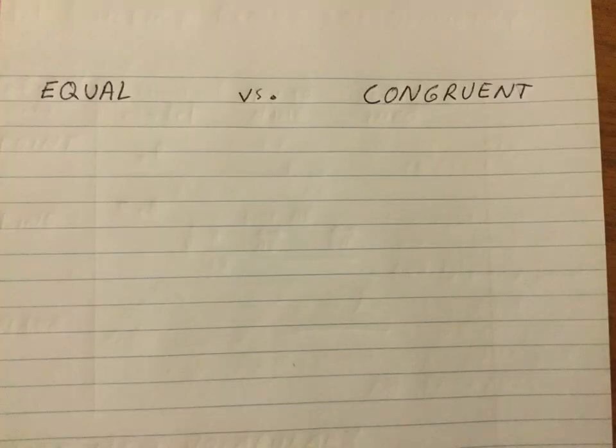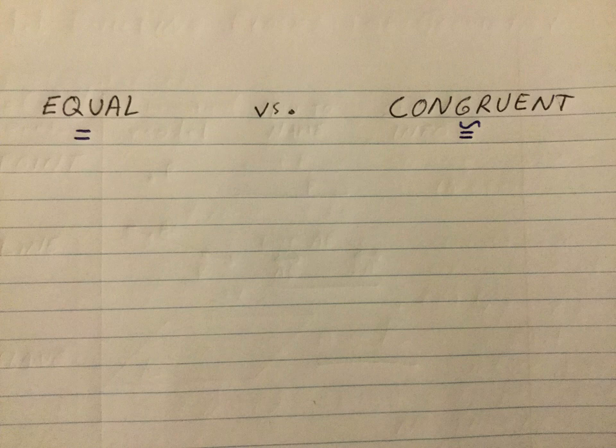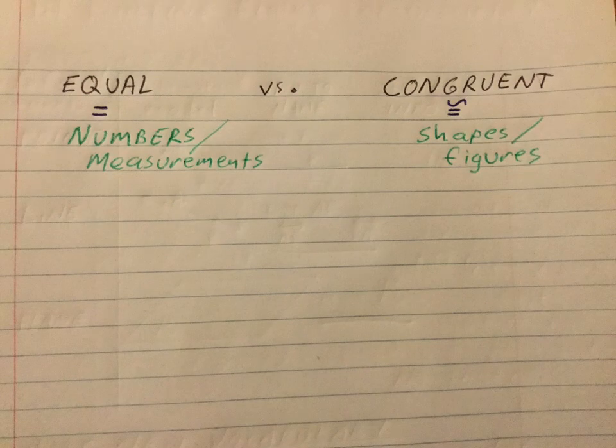One final note with the difference between equal and congruent. Equal has the two horizontal tick marks. Congruent has the equal sign with the little squiggle over top. We use equal for numbers or for measurements, and we use congruence when talking about shapes and figures. Let me give you an example.